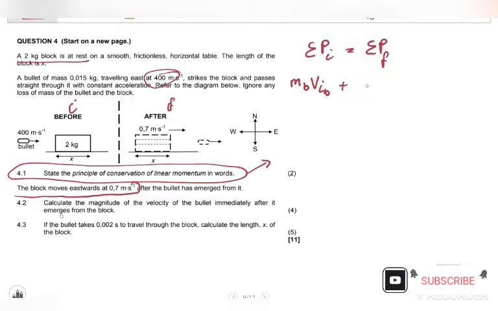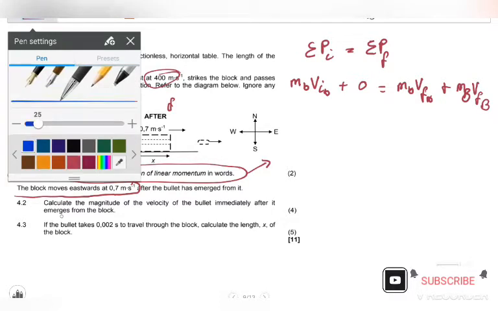So it's better to write 0 here and not waste time. So it is equal to final: we have the velocity final of the bullet, plus the mass of the block multiplied by the velocity final of the block.